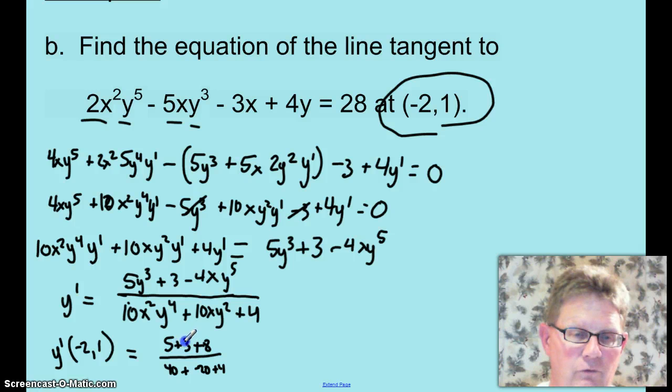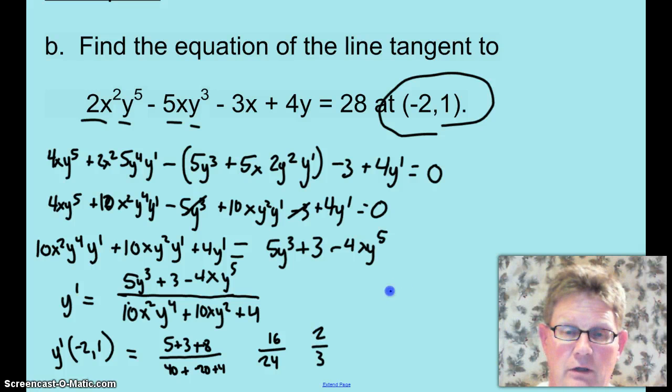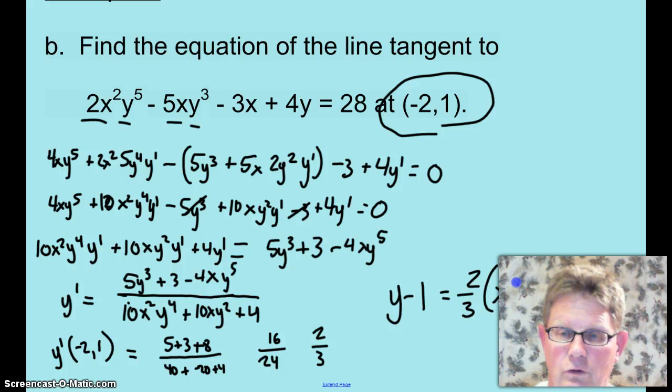So 8 and 8 is 16, not 12. And 44 minus 20, that would be 24. That can reduce down to 2/3. So our equation of our line, y minus 1 equals 2/3 times x plus 2. And there's the equation of our line.